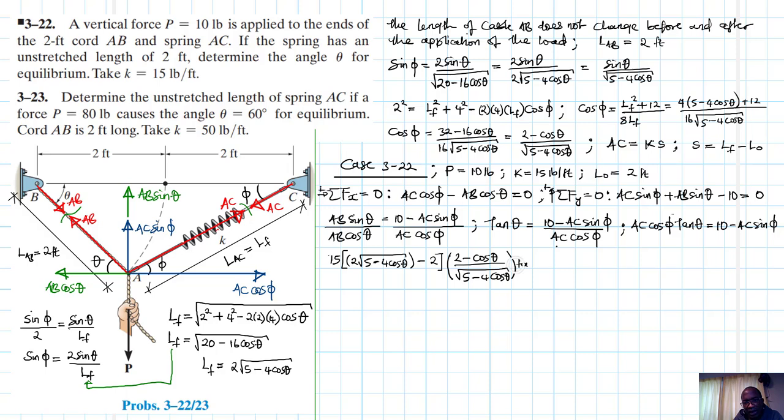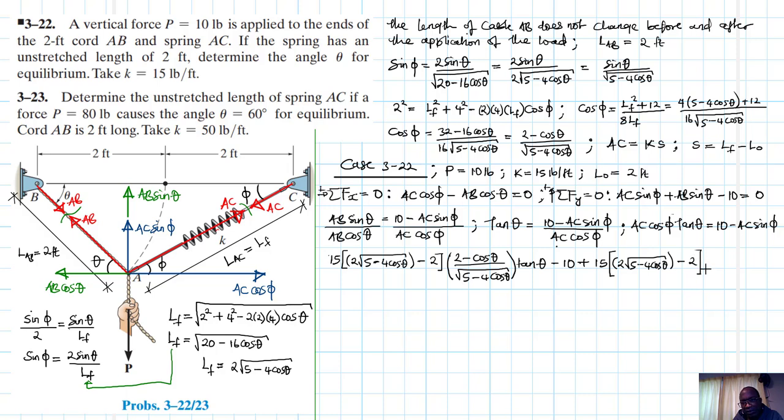And then we have tan theta. Then 10 we bring to the other side so that we make one equation. So we say minus 10, plus AC, where AC is the same 15 times 2 root of 5 minus 4 cos theta minus 2.